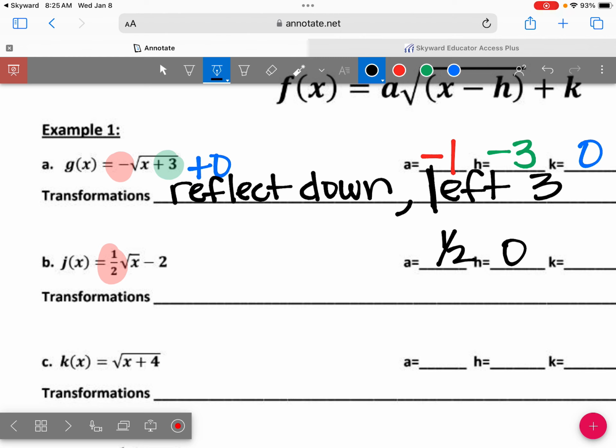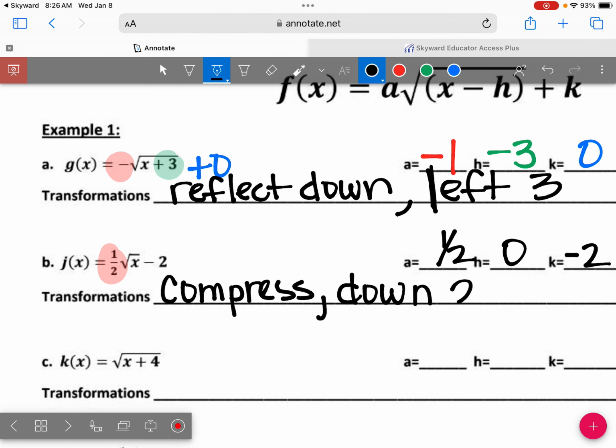The number in the back is a -2. So that -2 is K, not H. So because 1/2 is between 1 and 0, it's going to compress. This one does not move left or right, but it does move down 2 because of that K value.